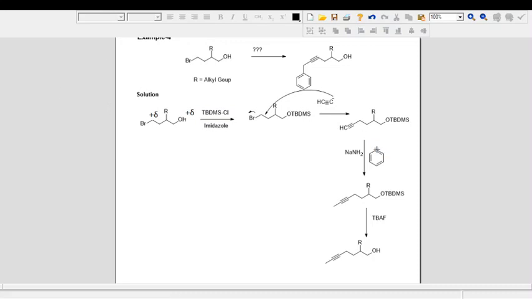We are using sodamide here as a base and benzyl halide as a substrate. So this could be benzyl chloride or benzyl bromide.